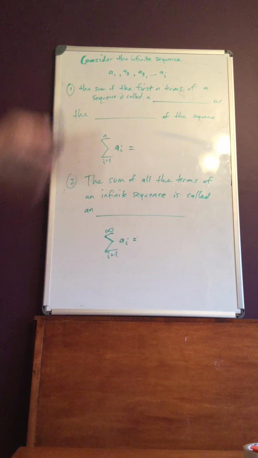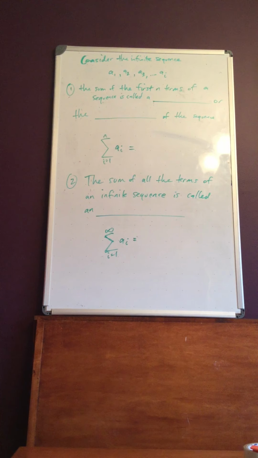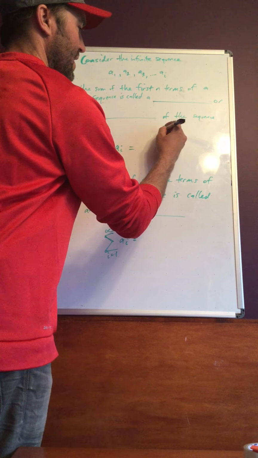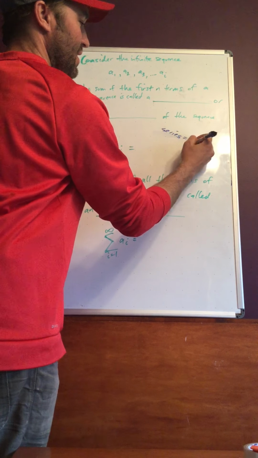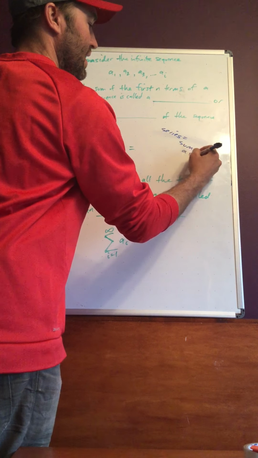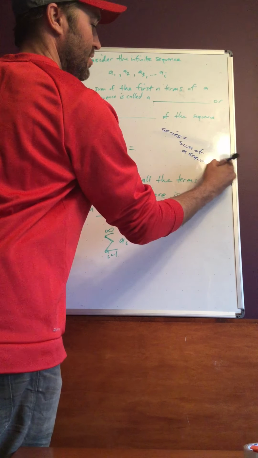So to fill out that small box on the bottom of the last page there, if we are talking about series here, really what I want you to think about is a series equals the sum of a sequence, okay?